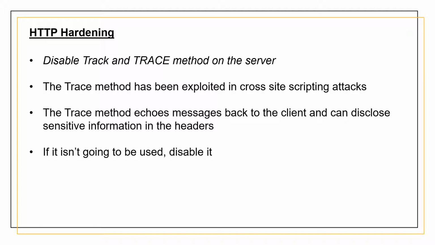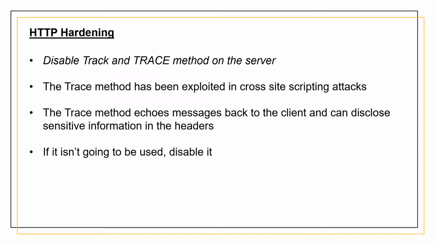And in doing so, it can disclose some sensitive information in the packet headers, like IP addresses for either the server or your machine, which can be advantageous to hackers. So it is best to disable it.